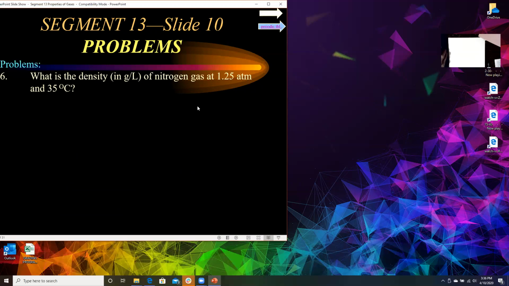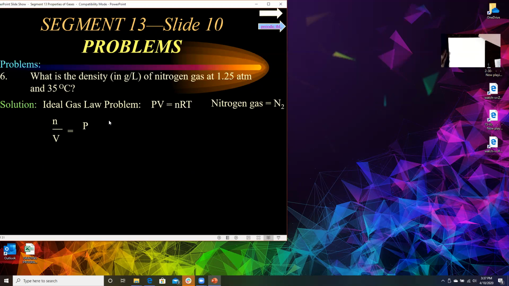Now, what's the density of nitrogen gas at 1.25 atmospheres and 35 degrees? Well, it's an ideal gas law problem again, but remember we're going to use n over V is going to be P over RT, and number of moles is g over M. So g over V, when I substitute that in and solve for g over V, that's density, is PM over RT.